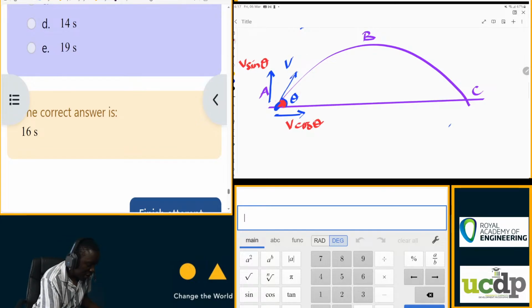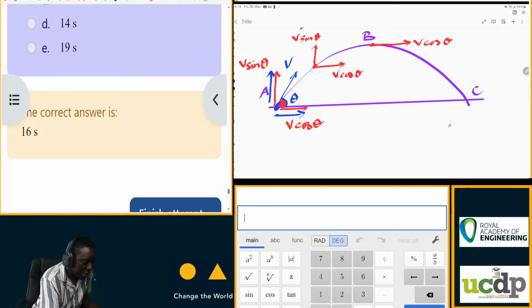Remember, v sin theta starts there, whereas v cos theta is this one. At this point, v cos theta is that, whereas this one is still the same. So v cos theta still maintains the same, but you can see my arrow for v sin theta is now small. When we are here, it's only v cos theta.